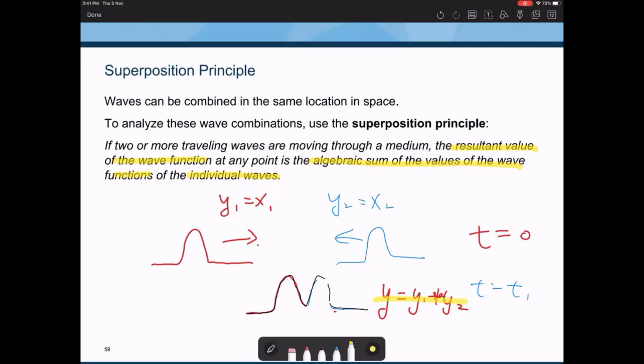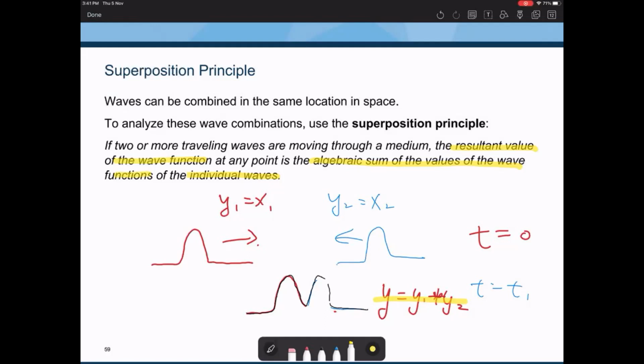If they are displacing in the same direction, for example, if they are both moving upward, then you would, of course, add them together and generate a much larger amplitude. If they are in opposite sense, one is moving up and one is moving down, then they may cancel partially or completely. So this would be the scenario of destructive interference, if you have learned it before.